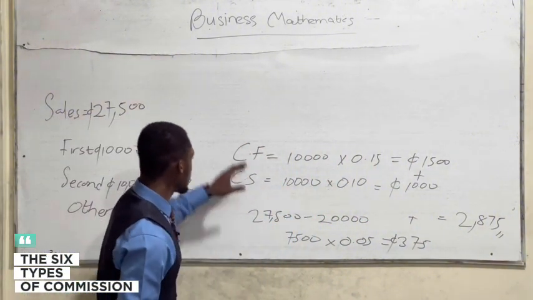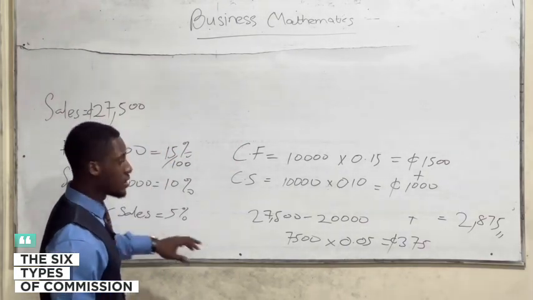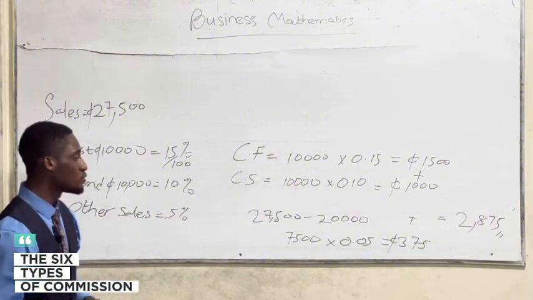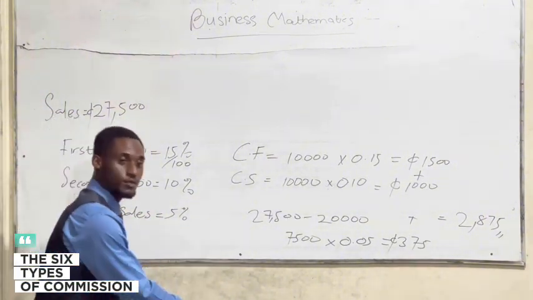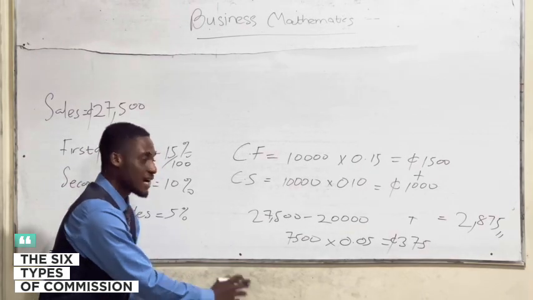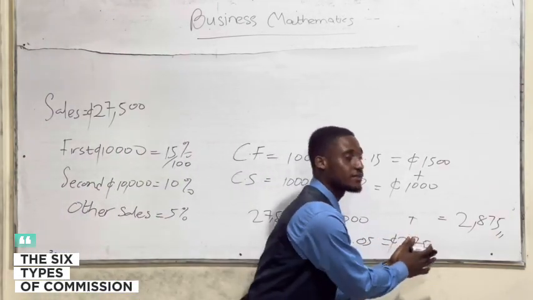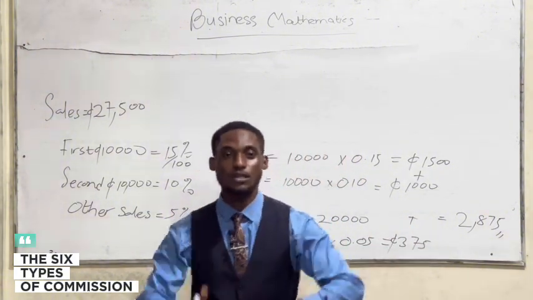When you add that of the commission for first sales made to that of commission for second sales made, and to that of the commission of other sales, which was recently found to be 375, you get 2,875 cedis. And this is for graduate commission.